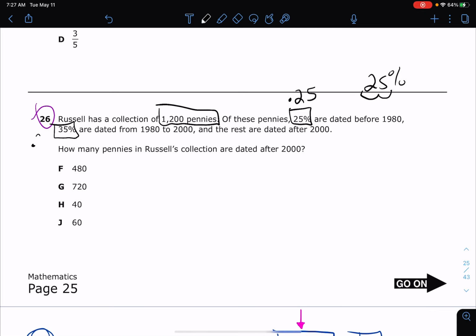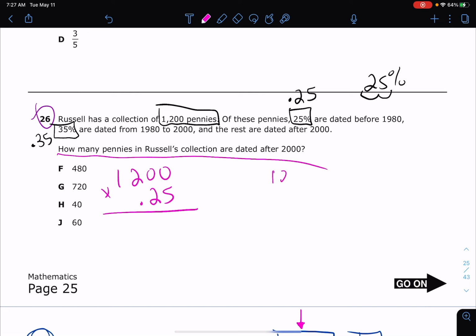35%, which is 0.35, are from 1980 to 2000. The rest are after 2000. How many pennies, cuántos centavos en la colección are after 2000? All you do is multiply, because 25% are before 1980. 35% are 1980 to 2000.